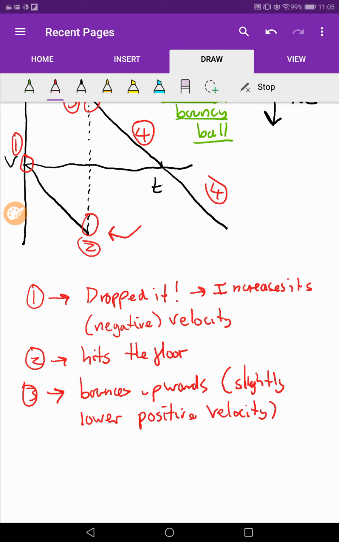So it would go up in the air. It would hit the floor. It would go up in the air. Until it reached 0 velocity and then start coming back down again.